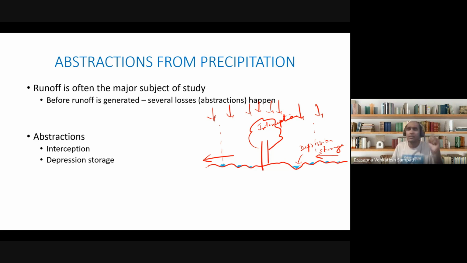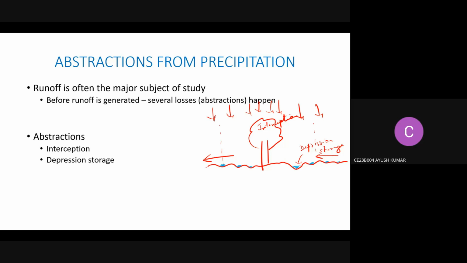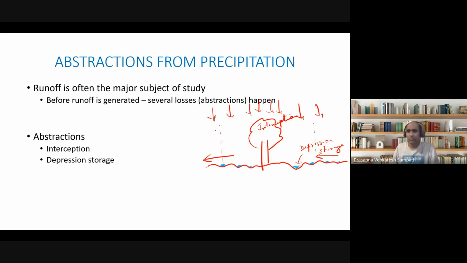Okay, and then this depression. Anything else that does not become runoff? Sir, infiltration maybe. Okay, yeah, infiltration. It's very good. So some water will infiltrate into the ground. Okay, so that's the next abstraction. So these are the different abstractions: interception, depression storage, infiltration.